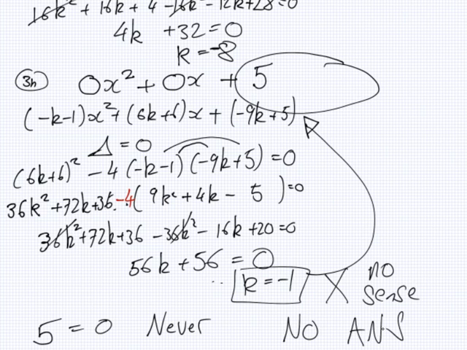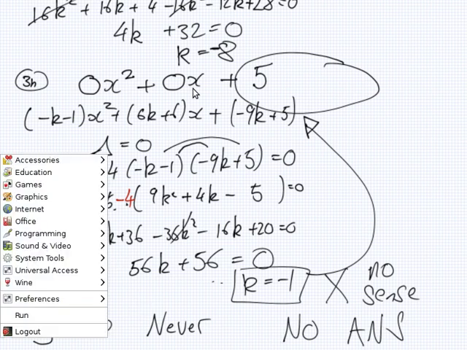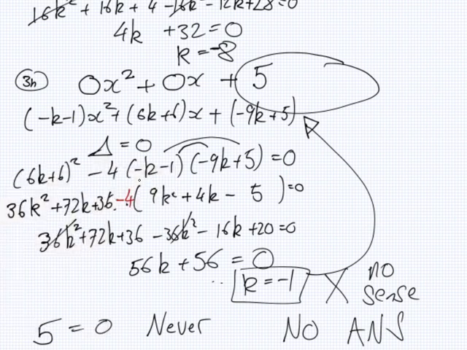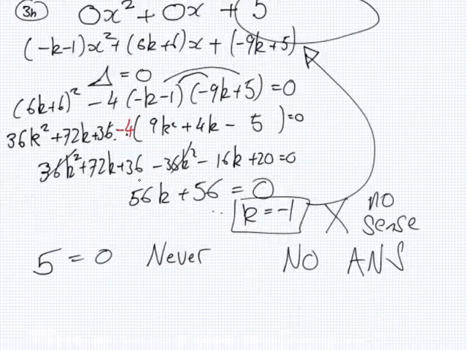Okay. This is kind of a weird one because it means that this quadratic, if you try to make k equal to minus 1, what happens to the quadratic? Maybe we'll have a look at the graph. I think that would be good. But before I do, can I scroll down?